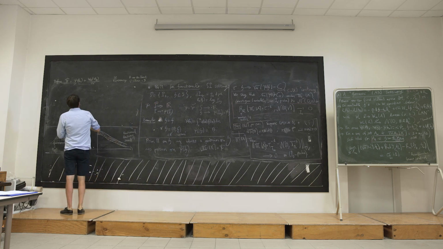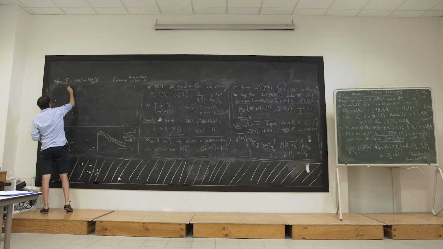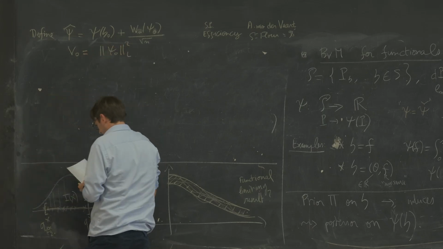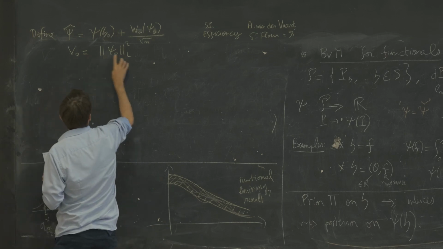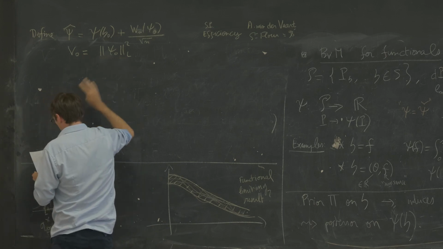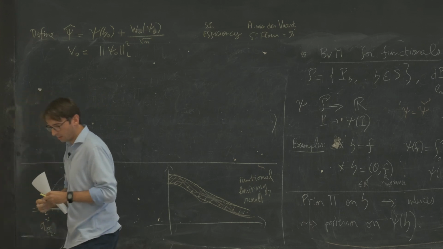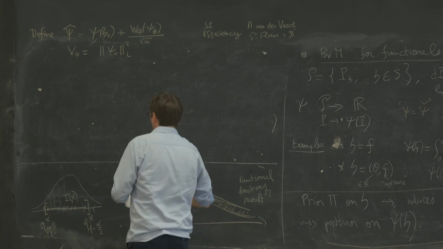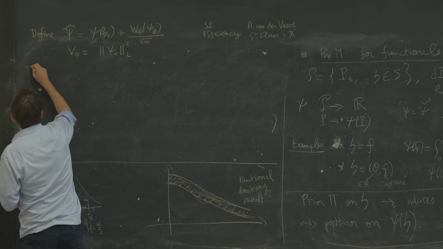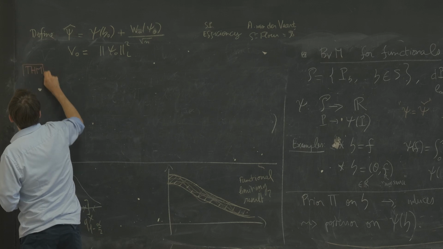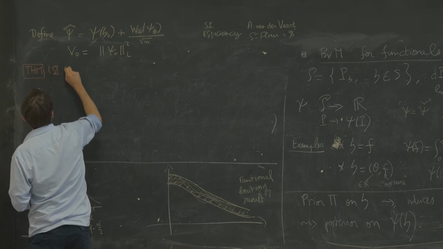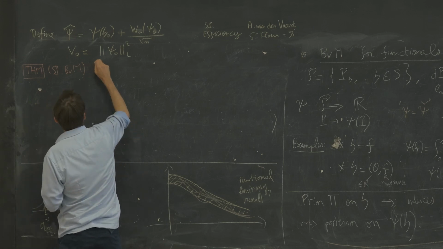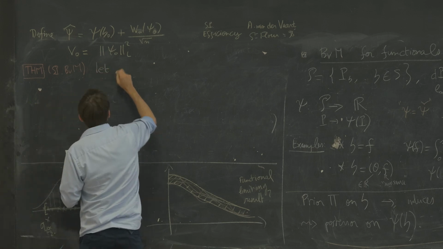Okay, so let me define psi hat like this, and V_0 is the norm of psi_0 in L squared. This is actually the analog of the inverse Fisher information or the Cramér-Rao bound. And so the theorem is as follows, just as you can guess. There is still one important assumption. So, semi-parametric BVM theorem: let pi be a prior.